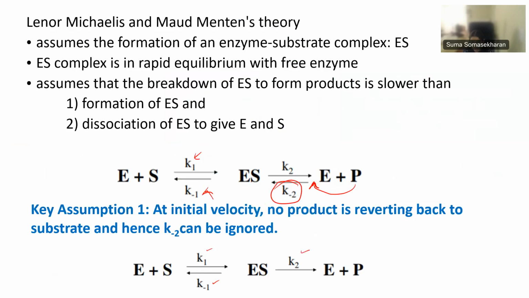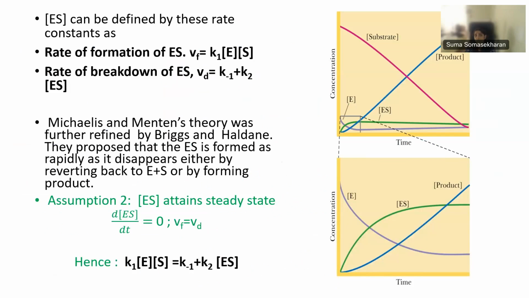Now, you can write the rate of formation of enzyme substrate by this rate equation. Vf is equal to K1 multiplied by E multiplied by S, and Vd is equal to K minus 1 plus K2 multiplied by ES, which gives you the rate of breakdown of the enzyme substrate complex.